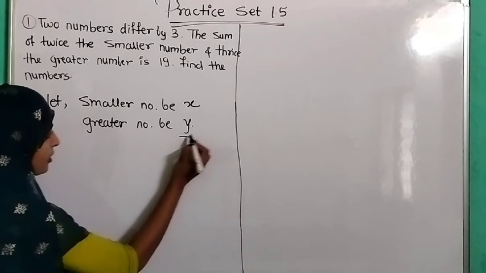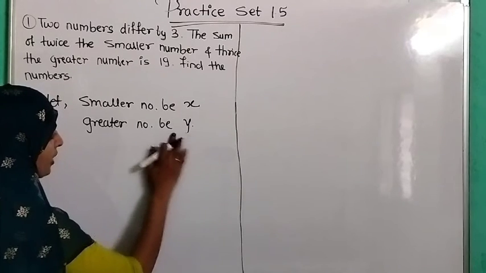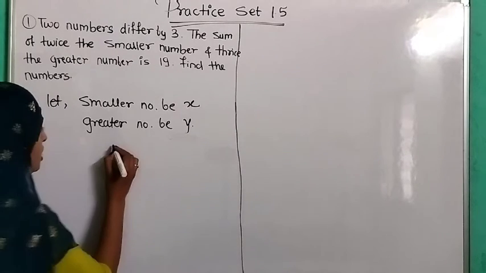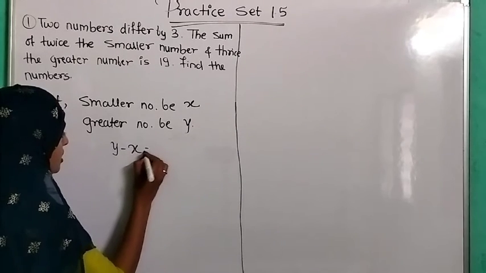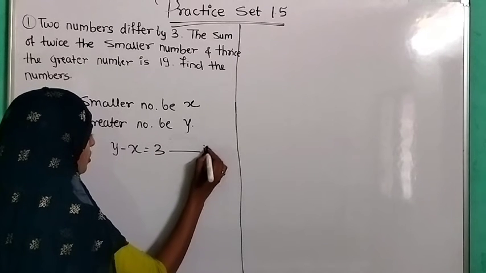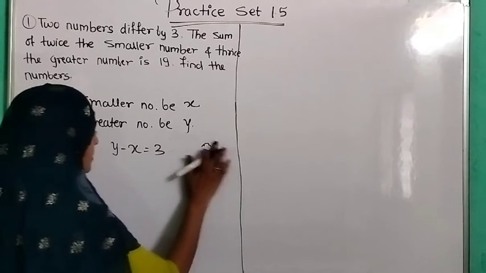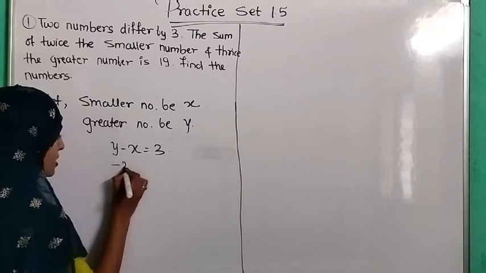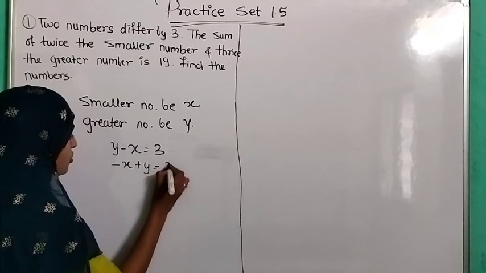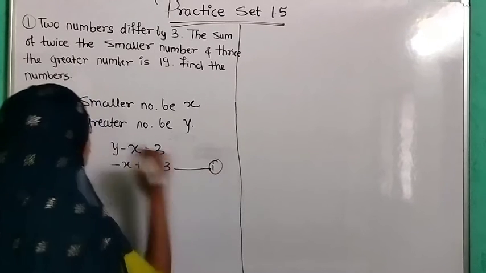Means greater number minus smaller number is equal to 3. So y minus x is equal to 3. This is equation number 1. Or else we can write it as minus x plus y is equal to 3.